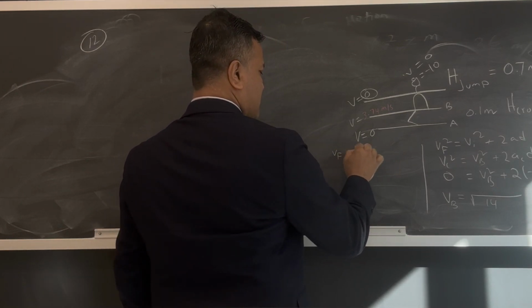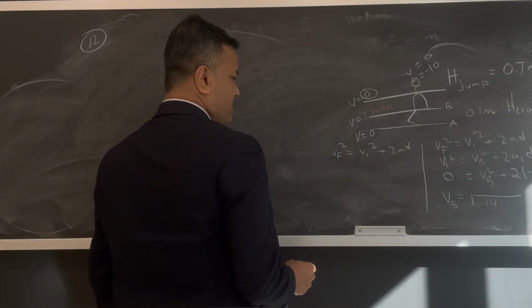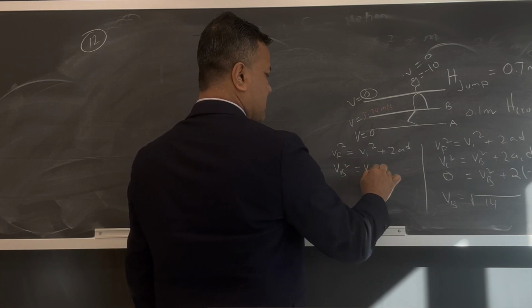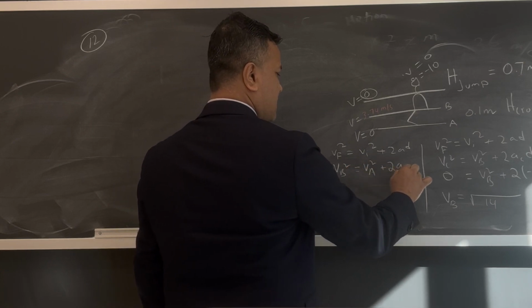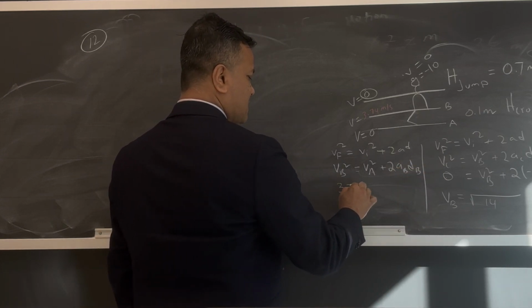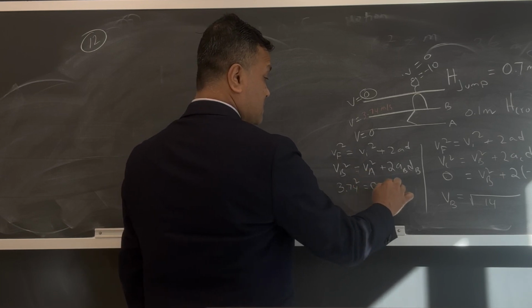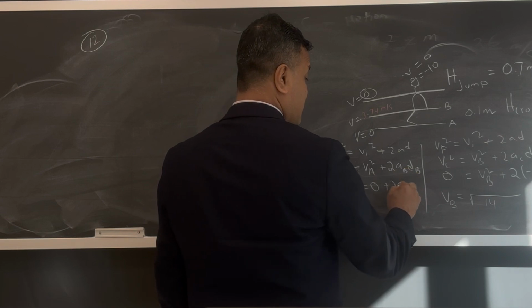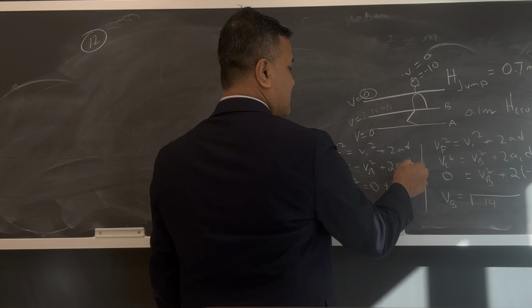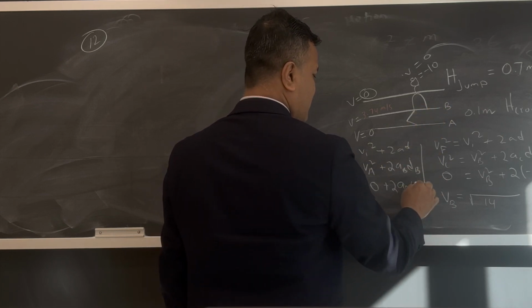Find your acceleration. Vf squared is equal to Vi squared plus 2ad. Now your Vf is at location B, and this is location A. This is 3.74 squared, this is Va squared, of course 0, and this is 2 times the acceleration you try to find at location B, and the displacement between A to B. This is crouching. How long did you crouch? 0.1.